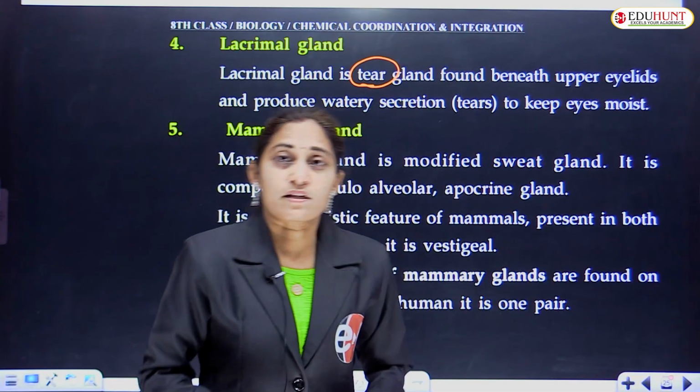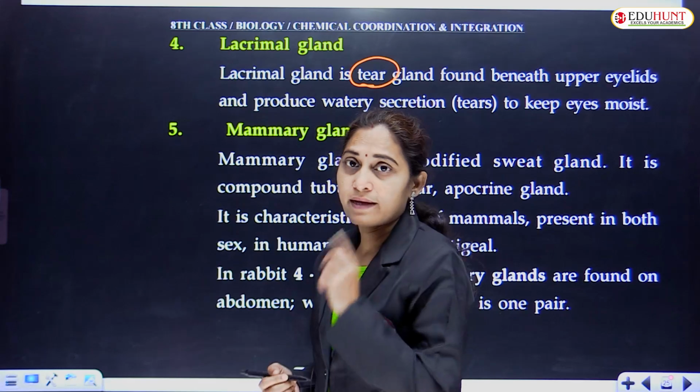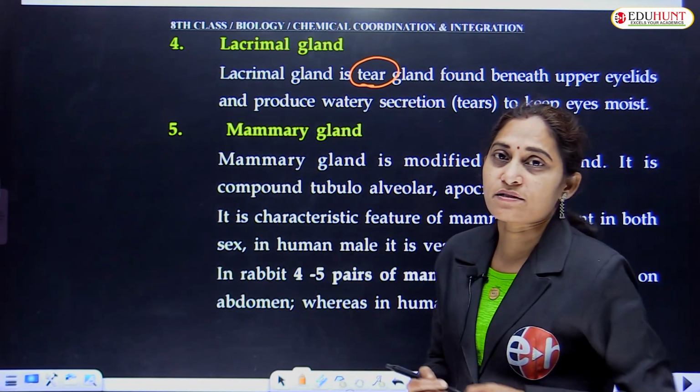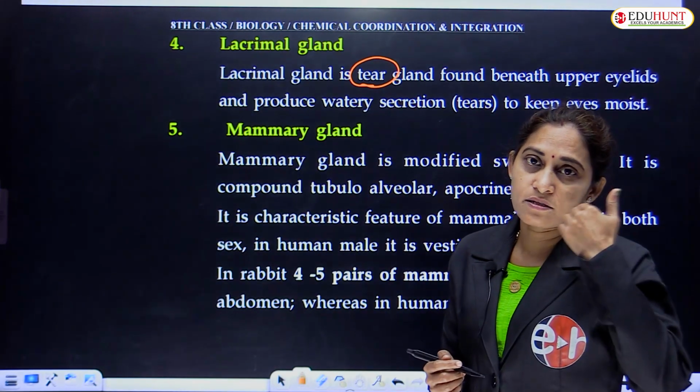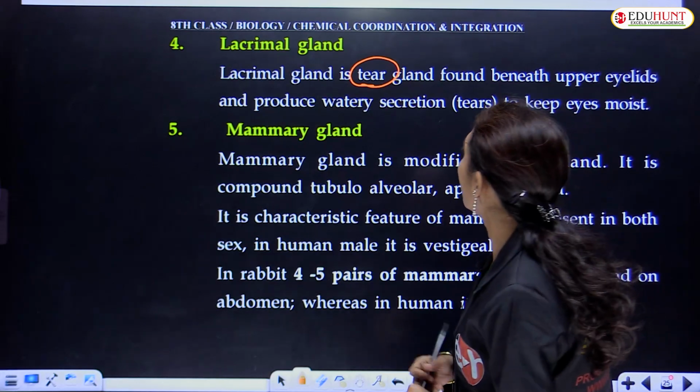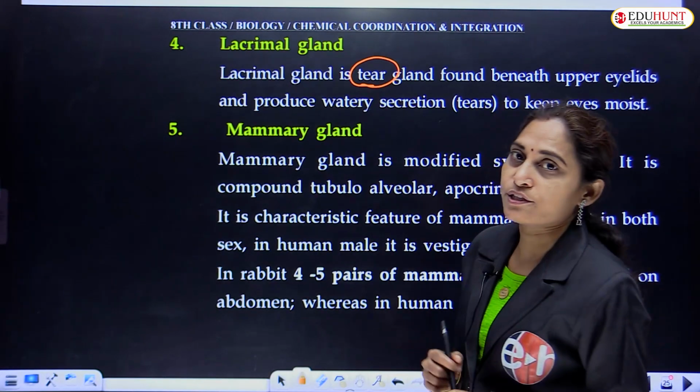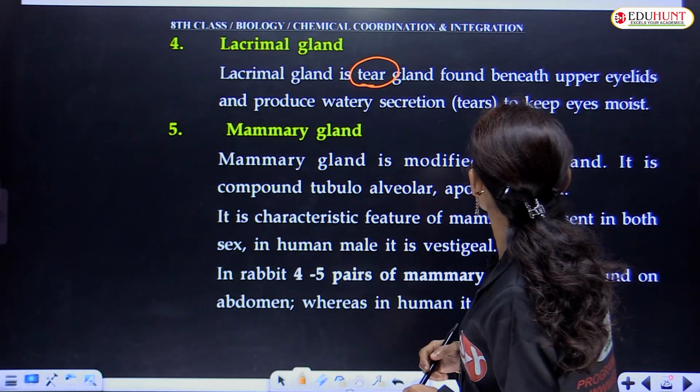So these are the secretions of tear glands or the lacrimal glands. మన కంట్లో ఏదైనా డస్ట్ పడినా ఆ డస్ట్ బయటకు వచ్చేయడానికి ఈ lacrimal gland secretions యూజ్ అవుతాయి.